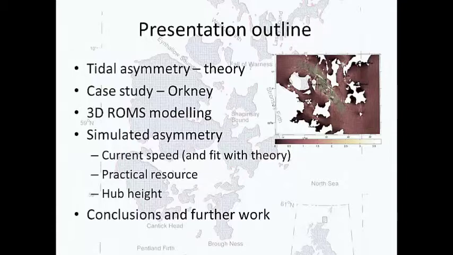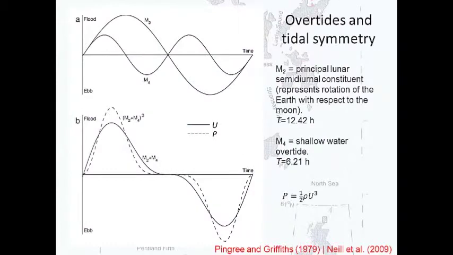Okay, so I think most people will be familiar with the M2, the principal lunar semidiurnal constituent. It's just the twice daily movement of the tides. The period of it is 12.42 hours, so that's the period showing along this timeline here. So that's a tidal cycle.